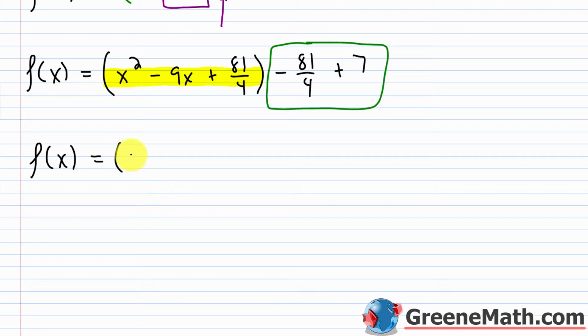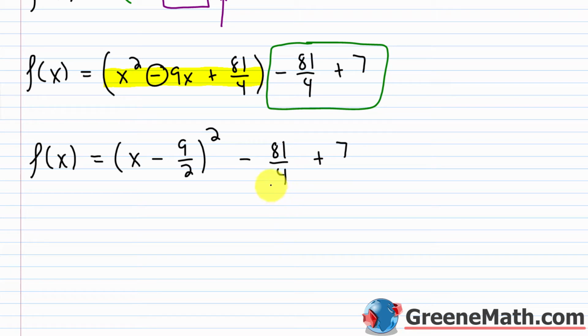You know that this would be x. You have a minus here, so you get a minus here. And then you can always take this last term right here and take the square root of it. The square root of 81 is 9. The square root of 4 is 2. So you get x minus 9/2. That quantity is squared. And again, if you don't believe that that factors into that, pause the video, do FOIL, you'll get this back. Then we'll have minus 81/4 and then plus 7.